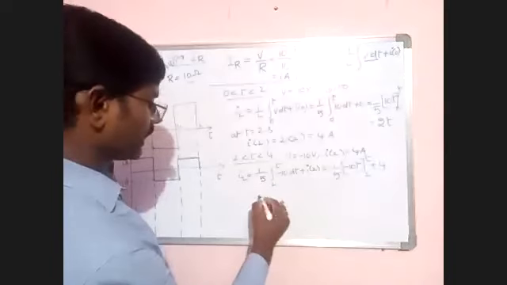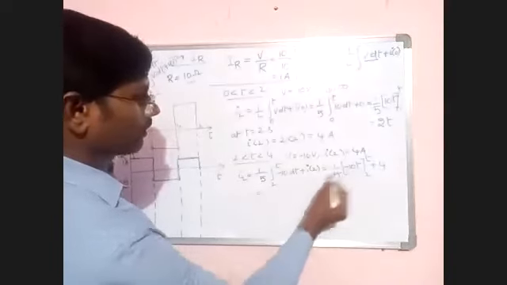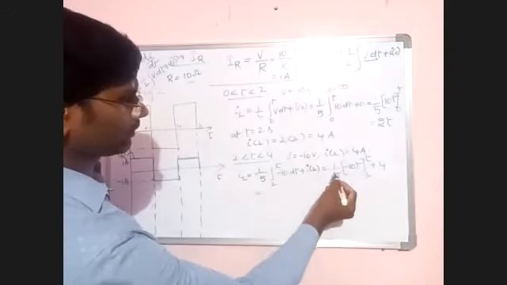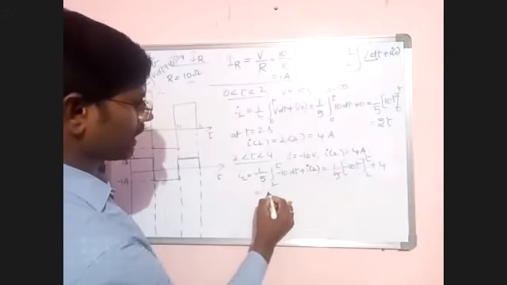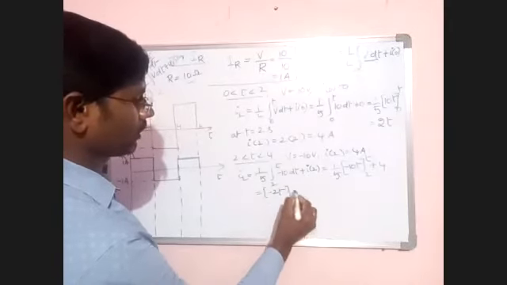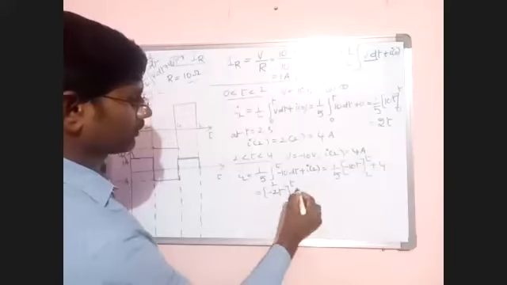Now here we can get 1 by 5 times minus 10t from 2 to t, plus 4.